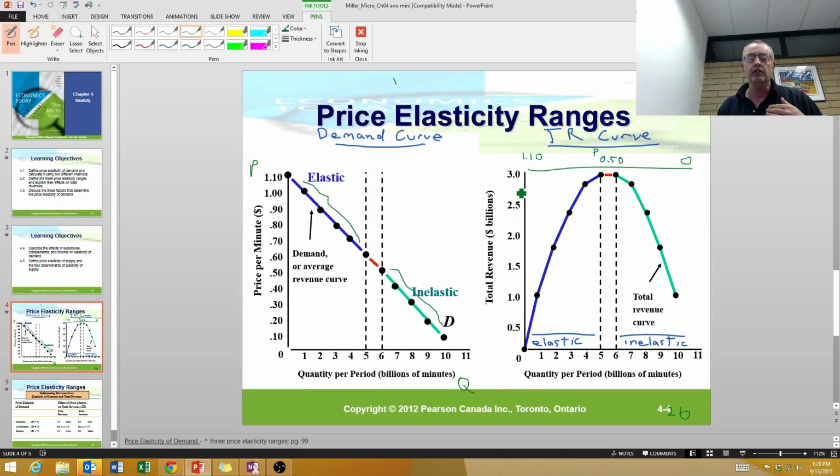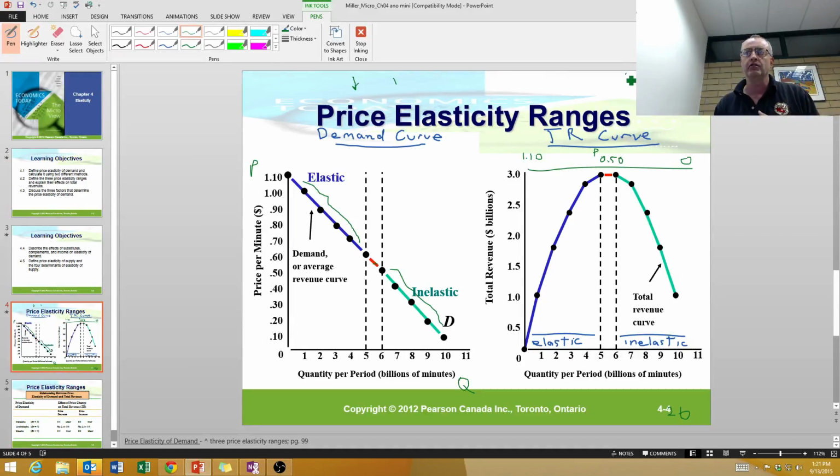And then we have the total revenue curve. So remember that we can see price elasticity of demand two ways. One, through its effect on changes in quantity demanded. And the second way is looking at the effect of price changes on total revenue.